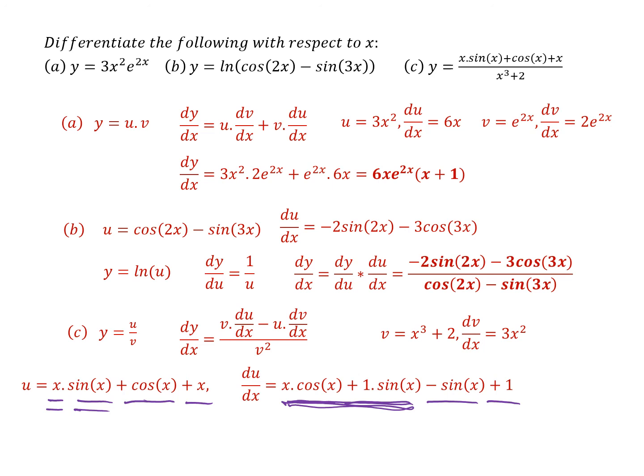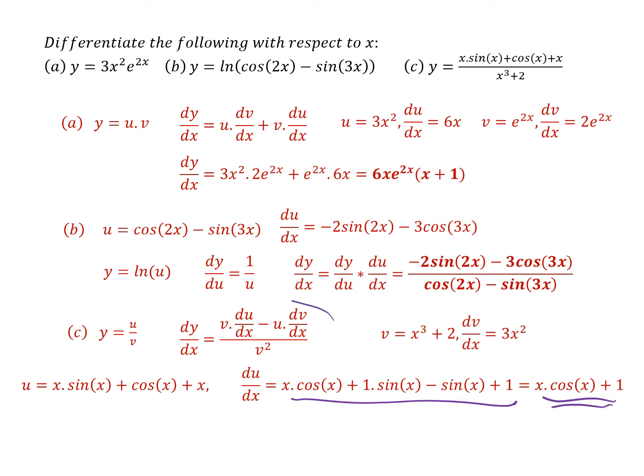So now we've got u and du dx, we've got v and dv dx. We can put all of those things into here, rather messy. Just before we do that, of course, this expression simplifies, thankfully, to x cos x plus 1.